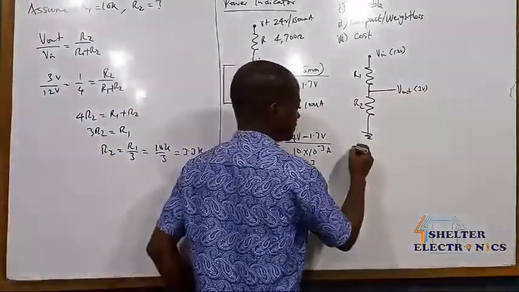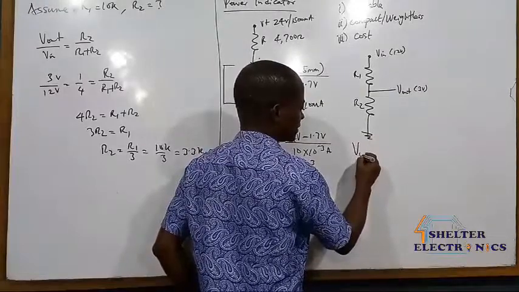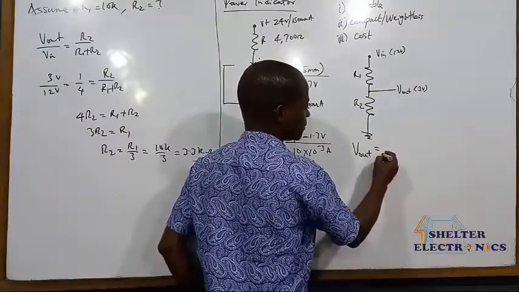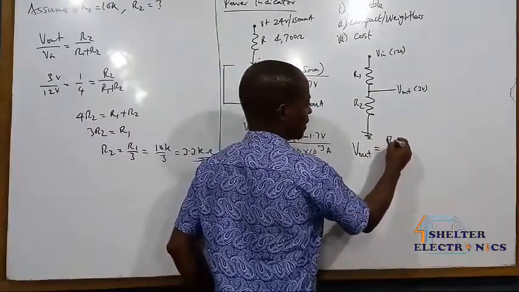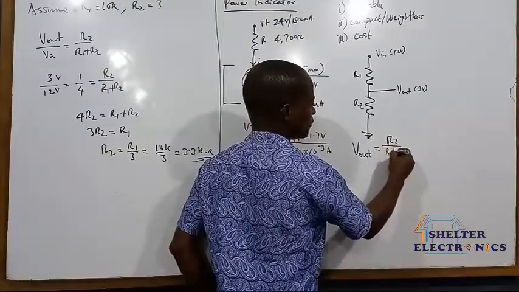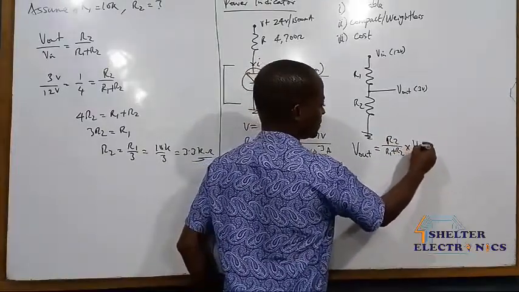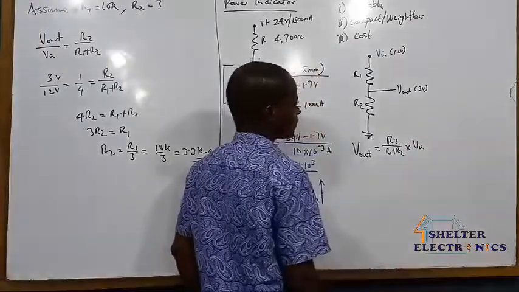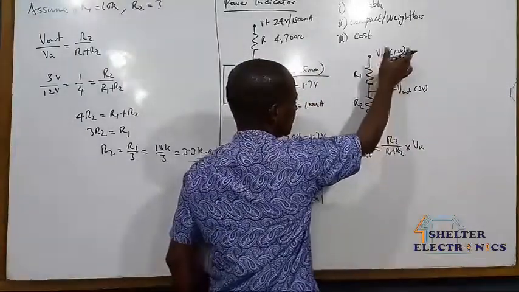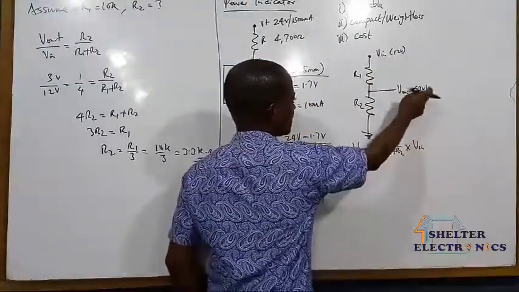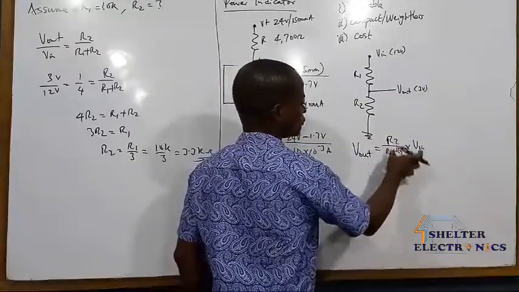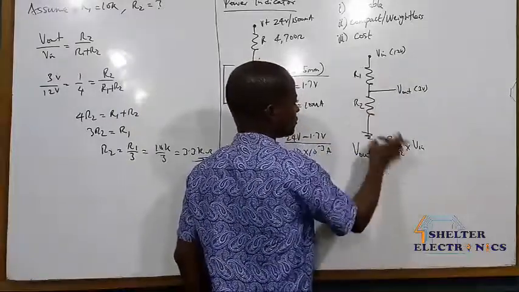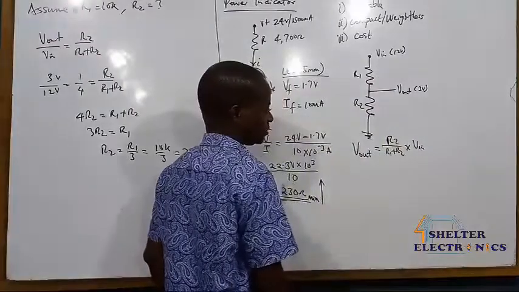When you apply the voltage divider rule, it states that your Vout is obtained by dividing your R2 by the sum of your R1 and R2, then multiplying it with your Vin. So in our example here, we have a 12 volts Vin, and then we desire to get 3 volts from it. So we need to choose resistor values that will help us divide the voltage.